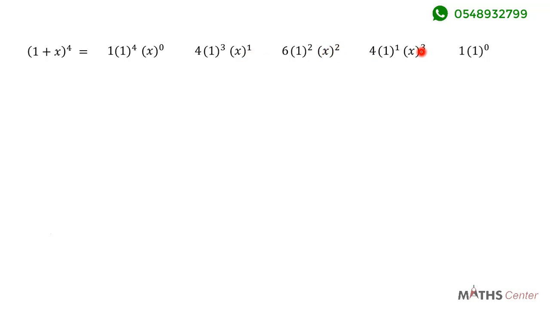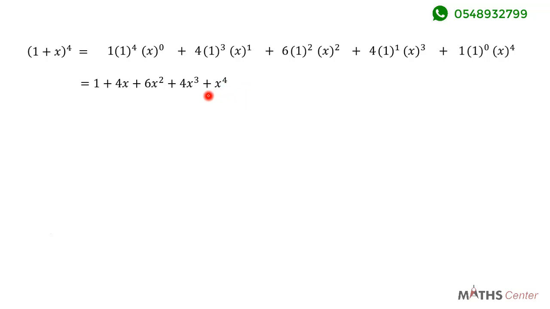In the next term, it increases by 1 again. So x exponent 3. In the next term, it increases by 1 again. So x exponent 4. Then after that, we add the terms. Now let's simplify. This will give us 1 plus 4x plus 6x squared plus 4x cubed plus x exponent 4.